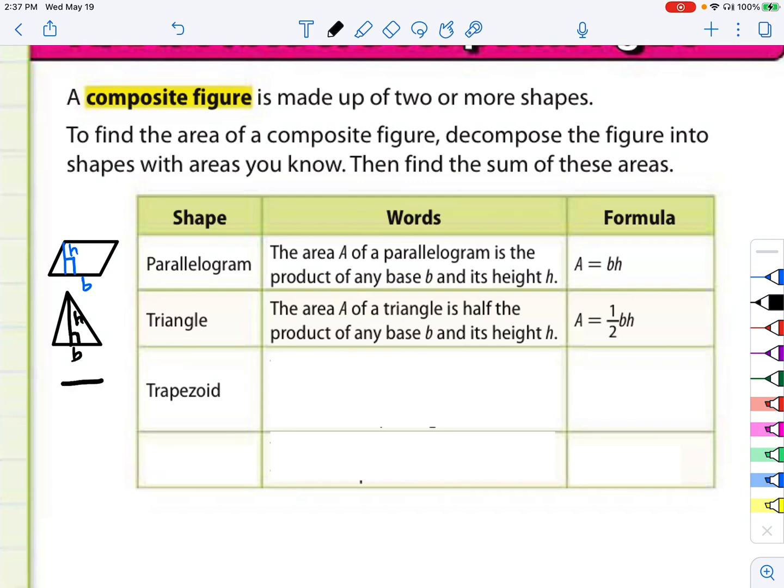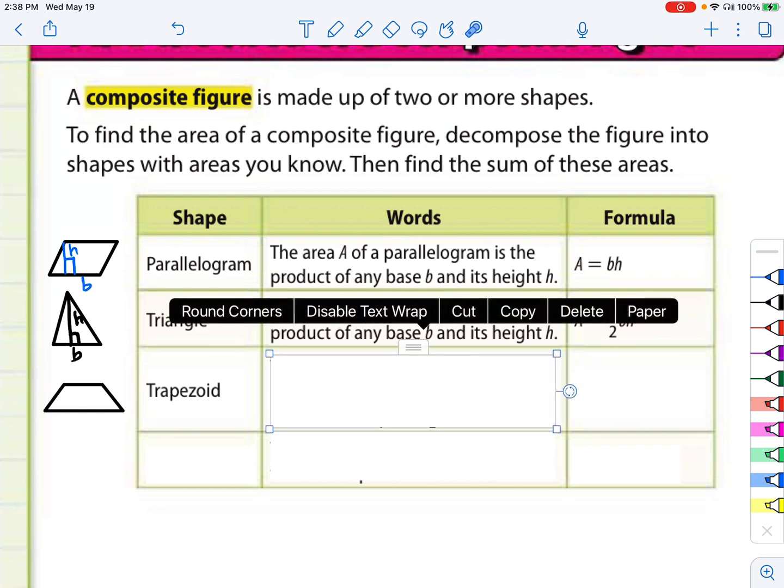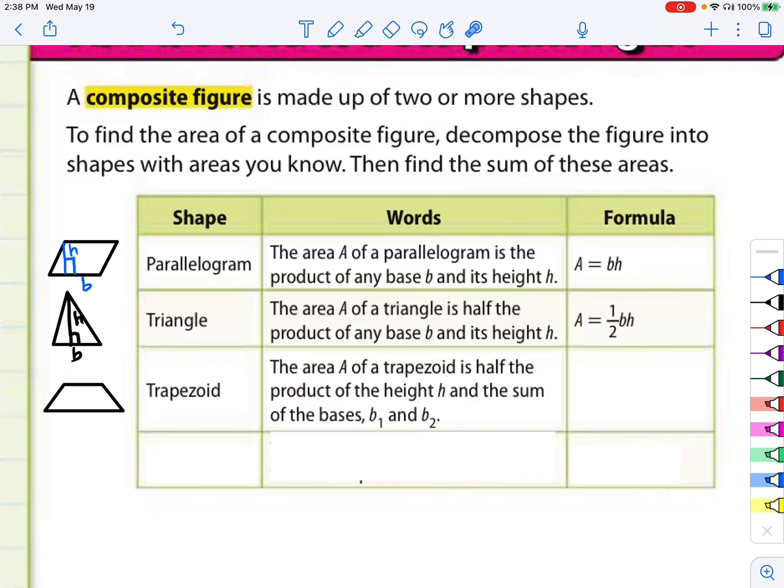The next shape we're going to talk about is a trapezoid. A trapezoid looks something like this. That is a trapezoid, when you have one pair of parallel sides. To find the area of our trapezoid, it is half the product of the height and the sum of the bases, base 1 and base 2.